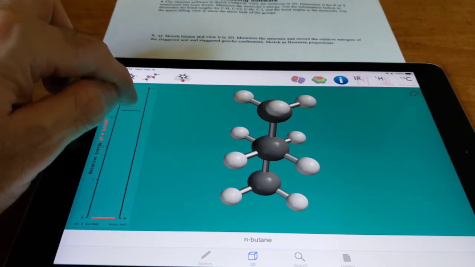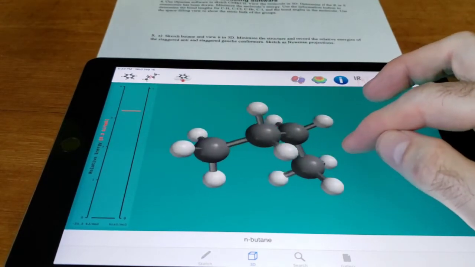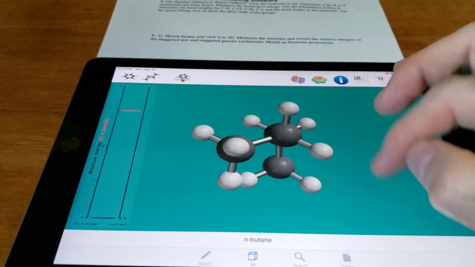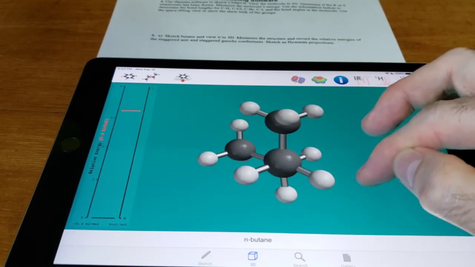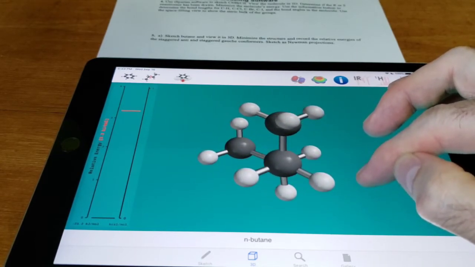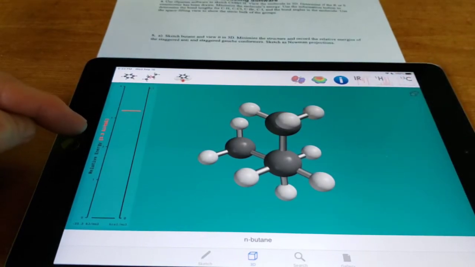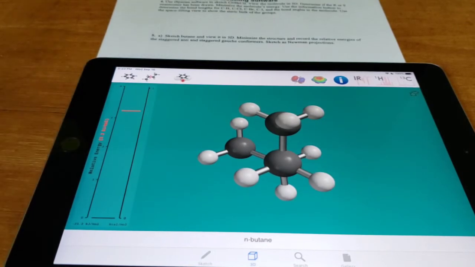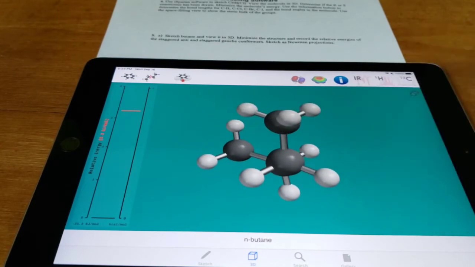And if I pick another one at higher energy, this is the staggered gauche conformer, and it is 3.3 kilojoules per mole higher in energy than the staggered anti conformer.